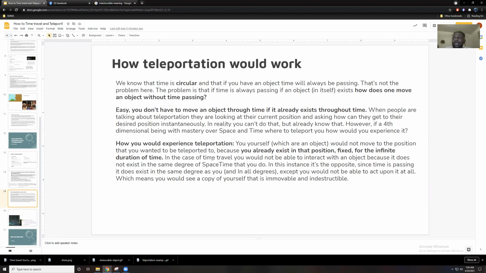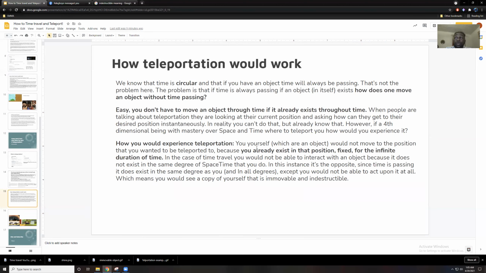So in this instance, since that object does exist in the same degree of time as you, and in all degrees of time, you would be able to see it, you will be able to touch it.